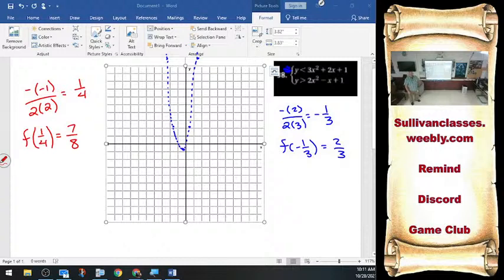I was woken up by a screaming child in the middle of the night. Someone check this. One-fourth, 1/16, 1/8. 1/8 minus 1/4 is actually 2/8. So 1/8 minus 2/8 is negative 1/8. Negative 1/8 plus 8/8 should be 7/8. Okay. So 1/4, 7/8. About there.